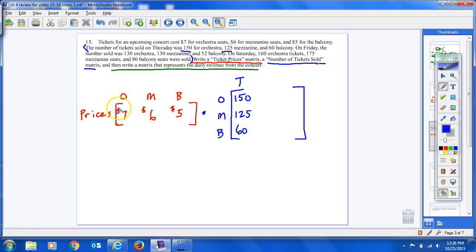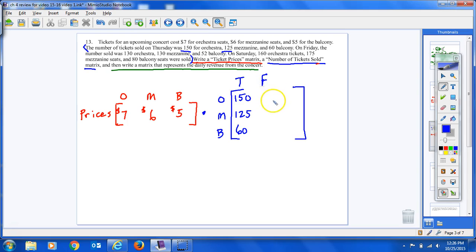I'm going to be matching up orchestra with orchestra, prices, number sold, mezzanine with mezzanine, and balcony with balcony. So that works out really well. Okay, that would give me the total amount of dollars taken in for Thursday for all three types of tickets.